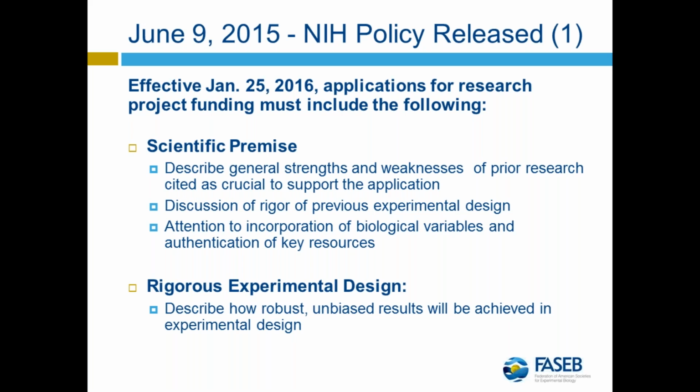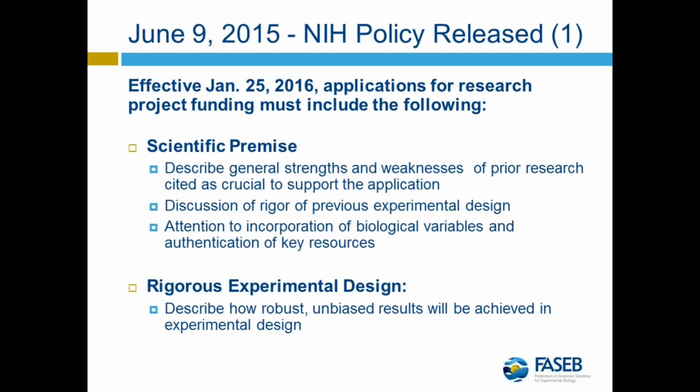So this is looking at sex as a biological variable, a classic example of this part of the scientific premise evaluation. And also, if you're going to use a resource, how are you going to make sure that it is actually what you think it is, or what are your validations of those resources?